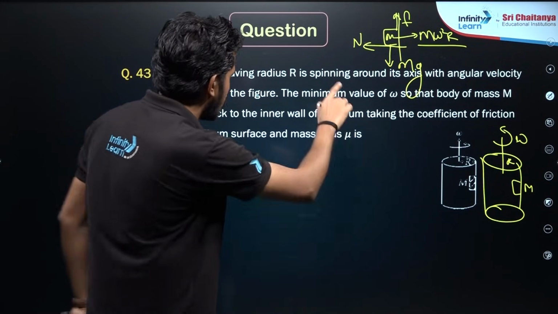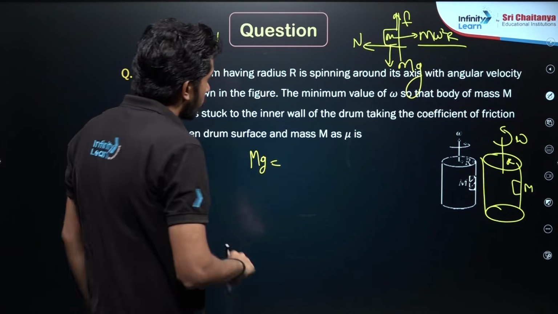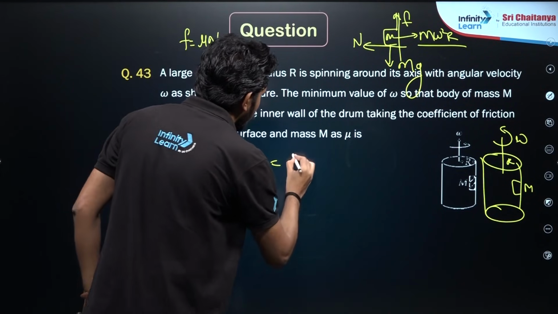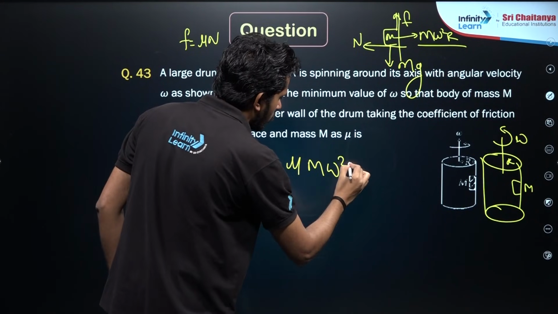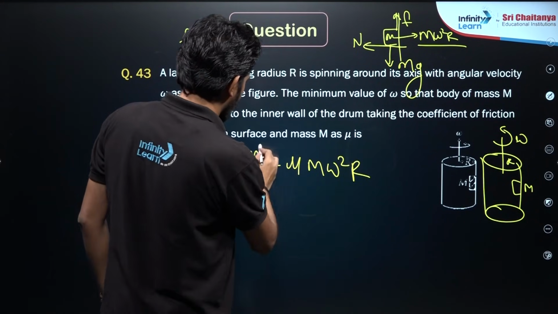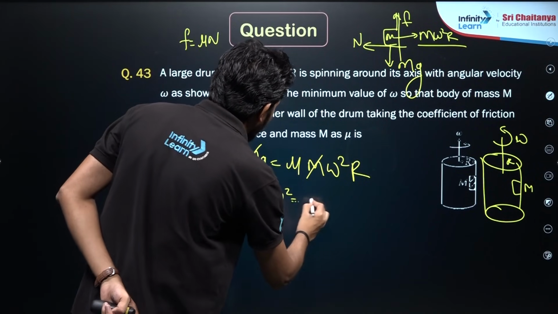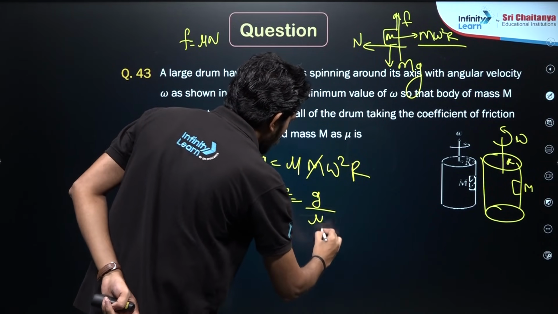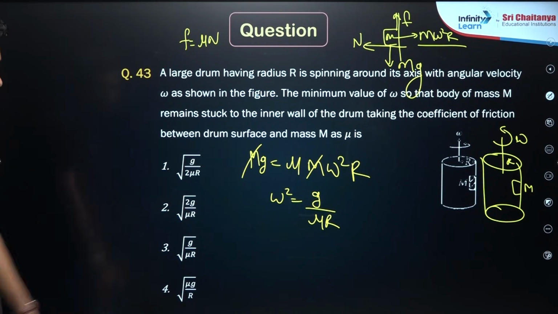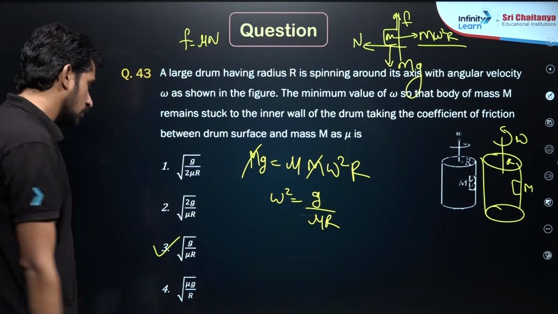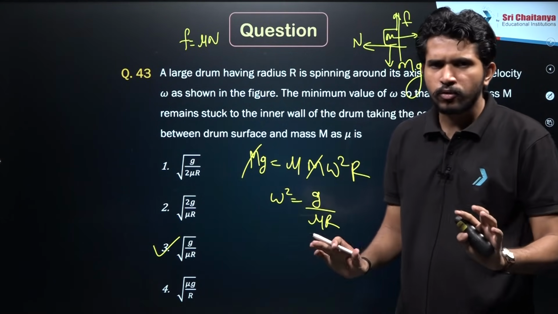I'm writing mg equals mu times m omega square r. So cancel out m, omega square is g by mu r. So the value of omega would be root of g by mu r, option 3. Understood? Again a simple problem.